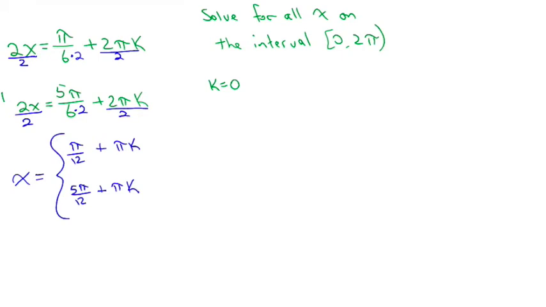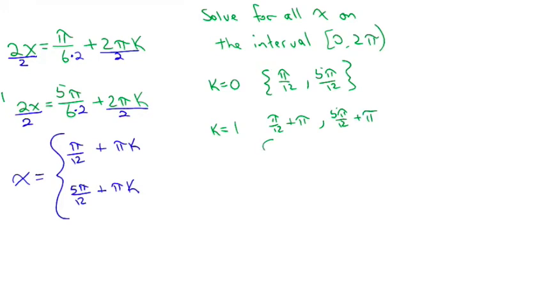So when k is equal to 0, we get pi over 12 and 5 pi over 12. And they are definitely between 0 and 2 pi. All right, then you increase it. Let k equal 1. So then your answers are going to be pi over 12 plus pi and 5 pi over 12 plus pi.